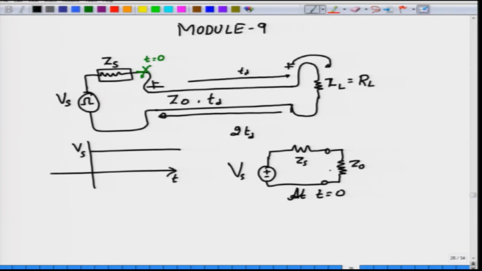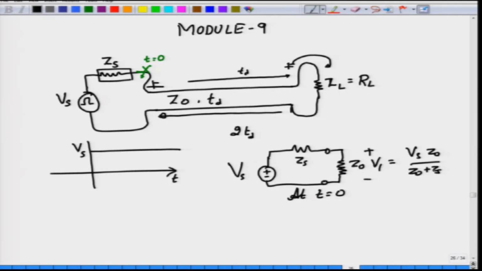Now, what would be the voltage that is launched onto the line right away at t equal to 0, which we will call V1? V1 corresponds to the amplitude of the voltage that is launched on the transmission line at time t equal to 0 by the action of this switch being closed. And V1 is given by the voltage division formula: Vs times Z0 divided by Z0 plus Zs.